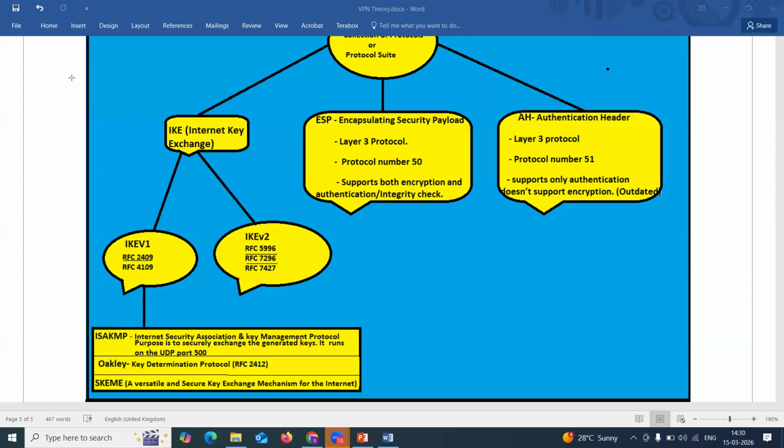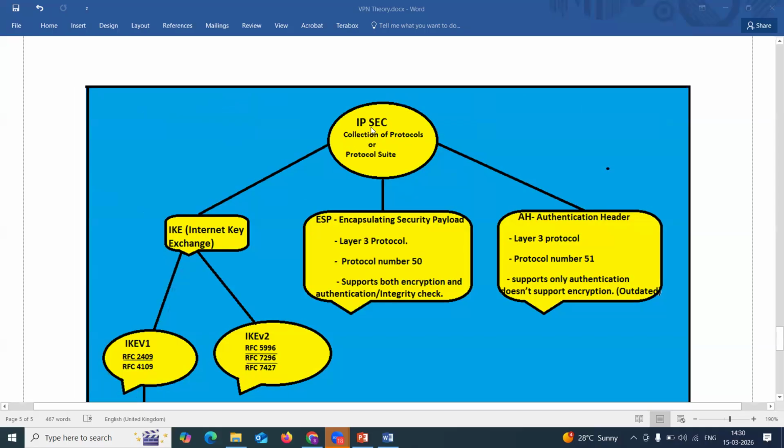Like IPsec is not a single protocol, but still we call it a protocol because under IPsec we have multiple protocols. Same way, IKE is not a protocol. Under the IKE we have multiple protocols. IKE is basically an internet key exchange method, but still we call it IKE to represent the further information.